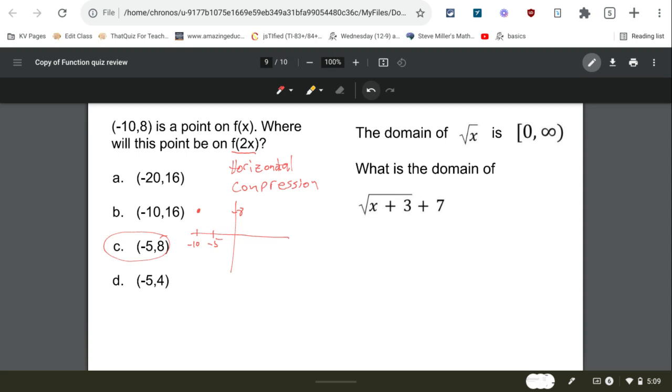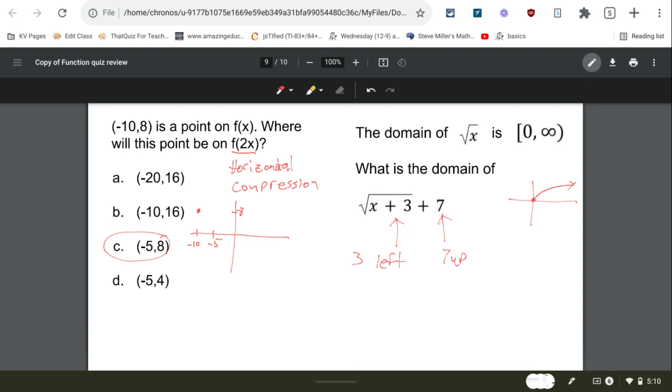All right, the domain of the square root of x is 0 to infinity. And that's because it starts at 0 and it goes to the right forever. What is the domain of this new function? All right, it's being translated 3 units to the left and 7 units up. But only the 3 to the left is going to change the domain.